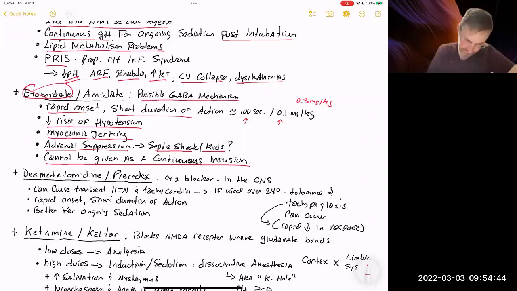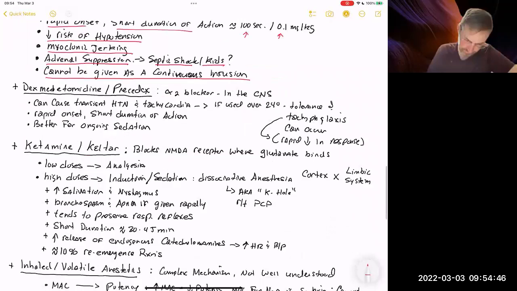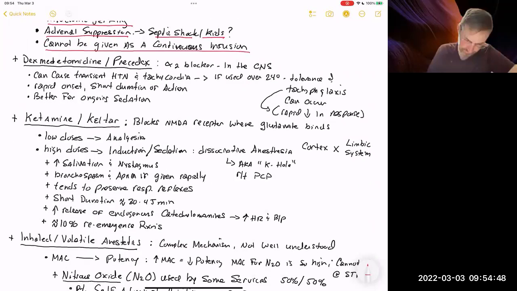All right. The next agent is very commonly used in ICUs as well, and this is called dexmedetomidine. And its mechanism of action is completely different. It actually is not a GABA-based mechanism of action, but rather it acts on alpha-2 receptors.